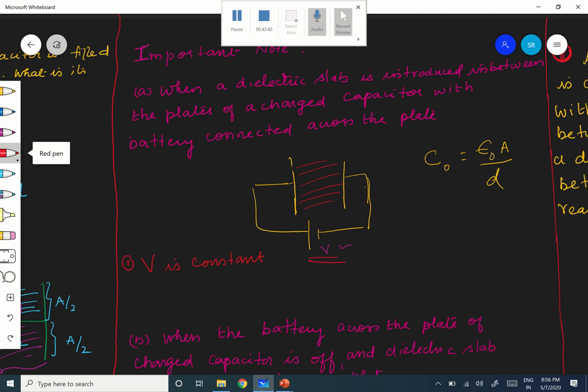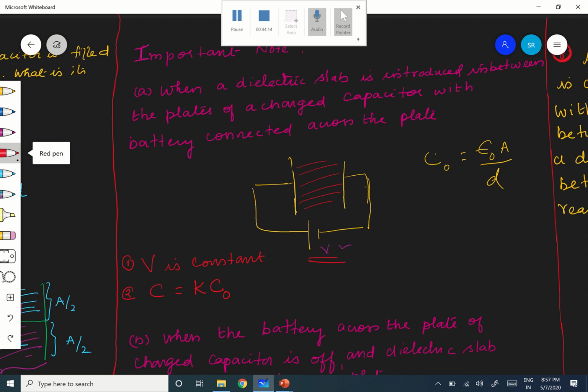Number 2, what will happen to the capacitance? Once I introduce a dielectric, definitely the capacitance will change. Without the dielectric it is C naught. Now C becomes K C naught, where K is the dielectric constant of the medium I am introducing.